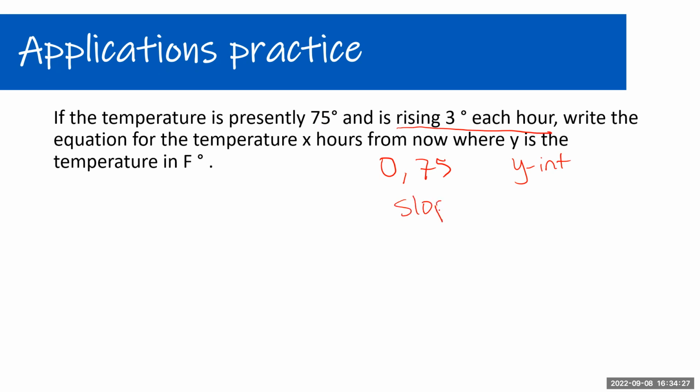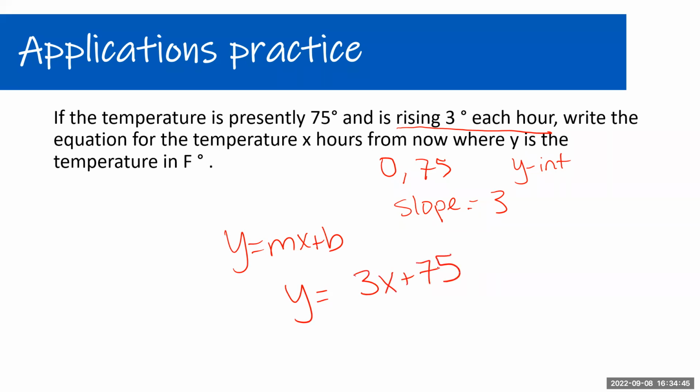So we know that our slope is going to be 3, okay? So if we want to write this equation in y equals mx plus b, this is simply going to be y equals 3x plus 75. Okay, we're going up 3 degrees each hour, so that's our slope. And we started at 75, so that's our intercept.